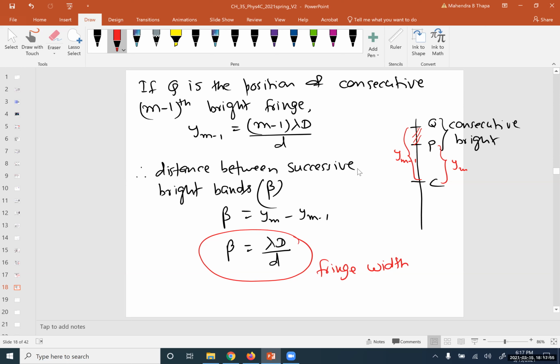Similarly, we can simplify further by using a dark spot.